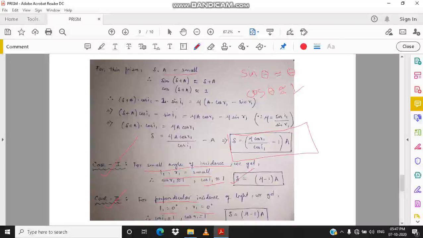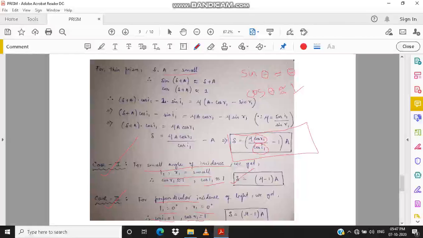Now we will just substitute these values in cos R1 and cos I1. R1 is 0 degree and I1 is also 0 degree. So cos 0 degree is 1, and cos 0 degree is again 1, right?